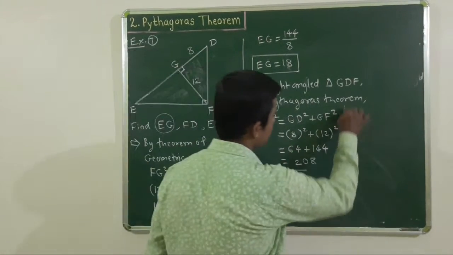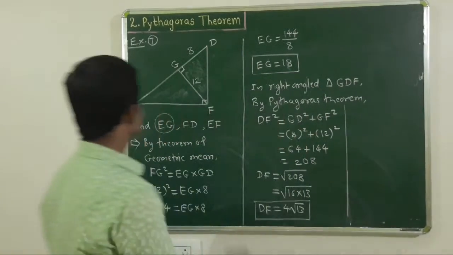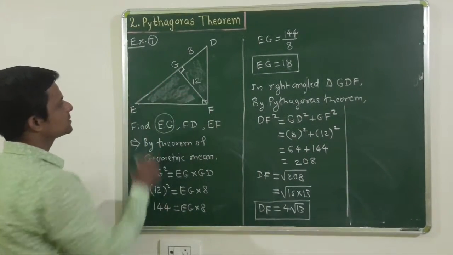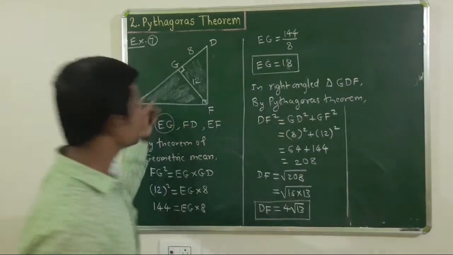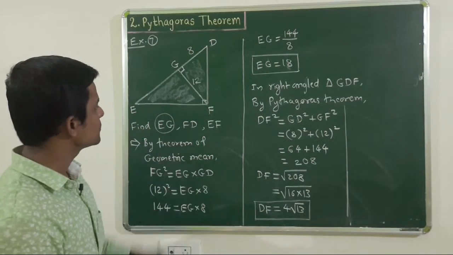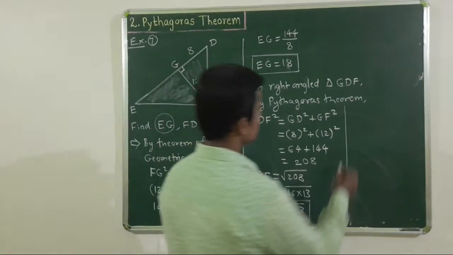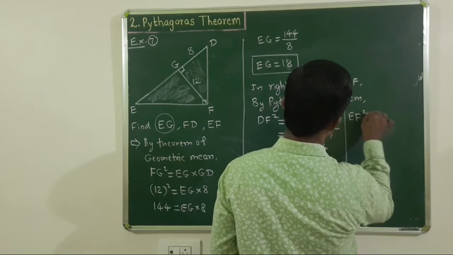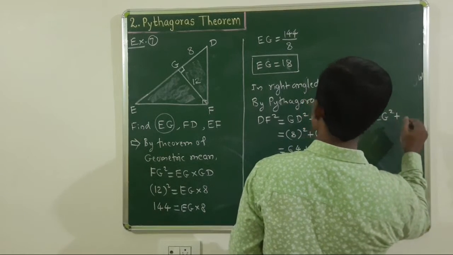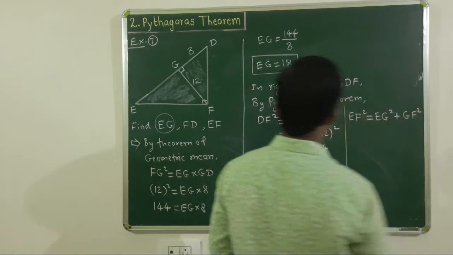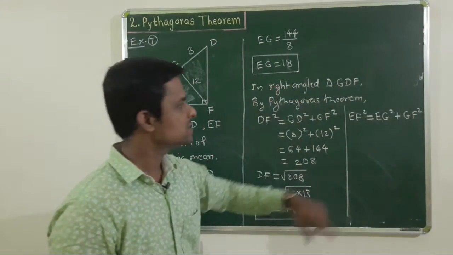Similarly, in right angle triangle EGF, I am going to write directly. In right angle triangle EGF, by Pythagoras theorem, I can write EF square is equal to EG square plus GF square. Again, by Pythagoras theorem, we will get this.